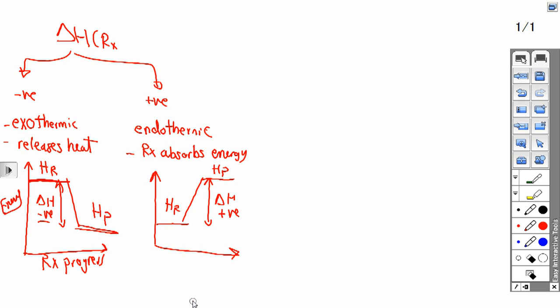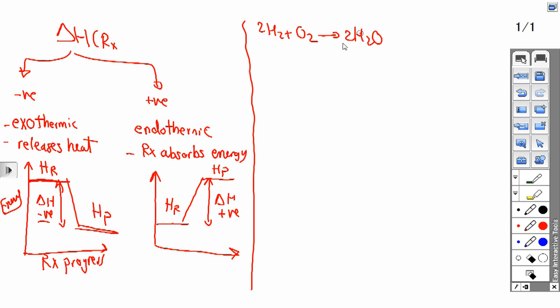How can we write delta H, positive or negative, in the thermochemical equation? In the previous example of water, 2H2 plus O2 produce 2H2O gas, and delta H equals negative 483.6 kilojoule. How do we write this value in the reaction?